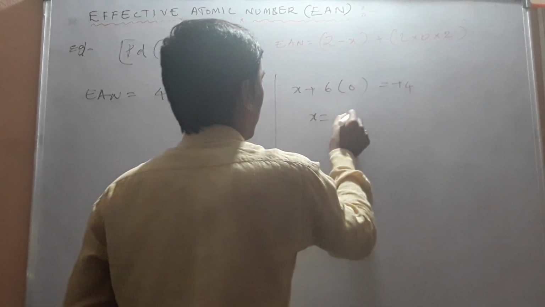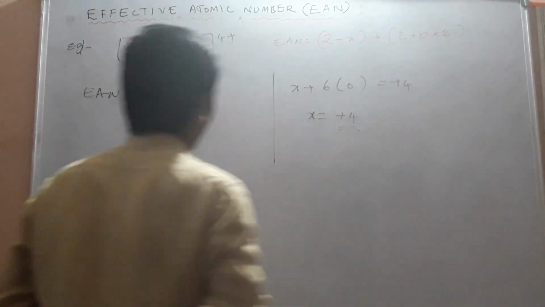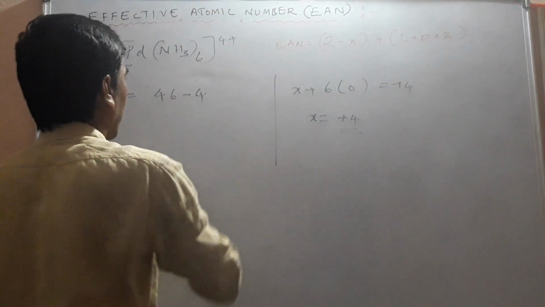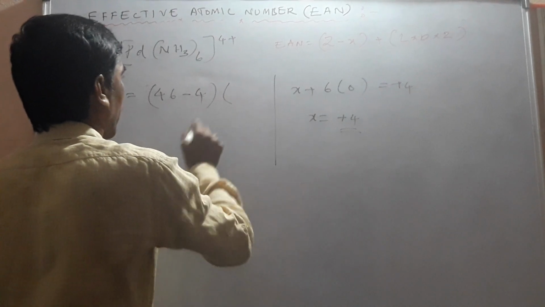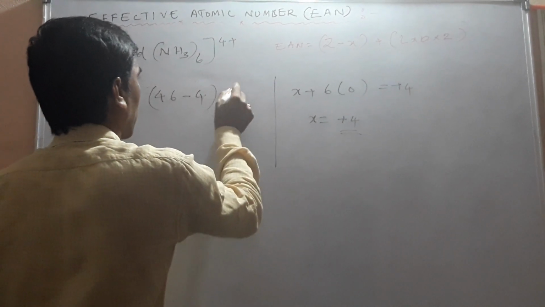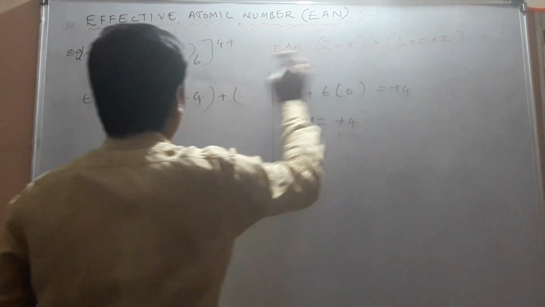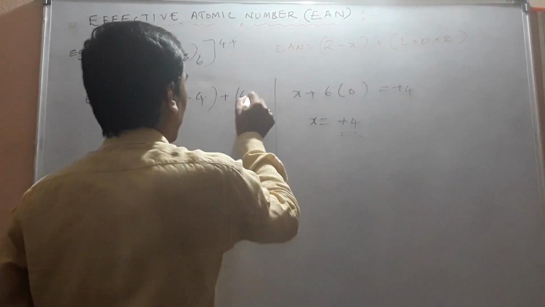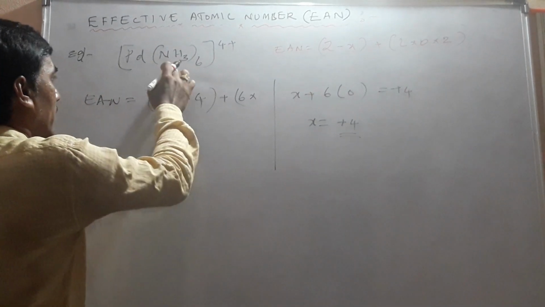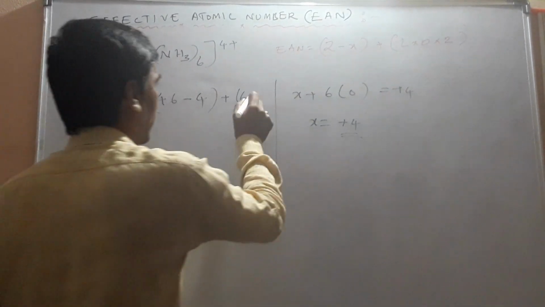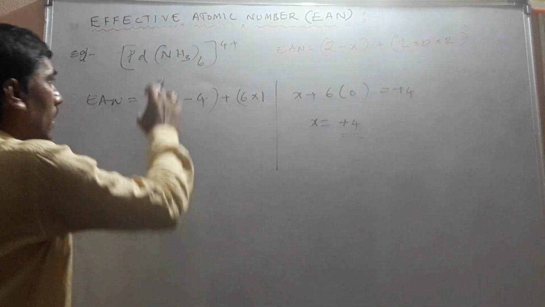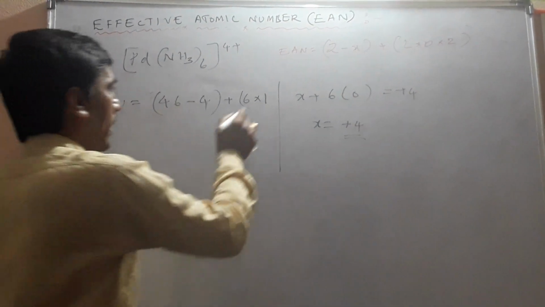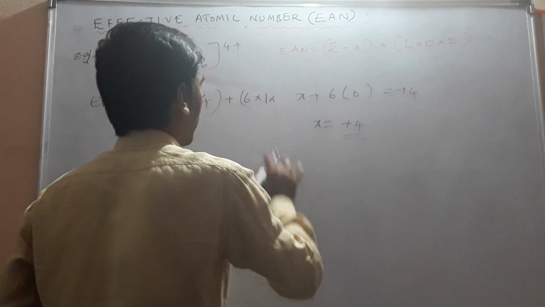Total X is equal to plus 4. The oxidation number of palladium atom is 4. Next, plus number of ligands. How many ligands are there? Total 6 ligands are there. Next, into denticity of ligands equal to 1. It is a monodentate neutral ligand. That's why we are using 1 into 2.